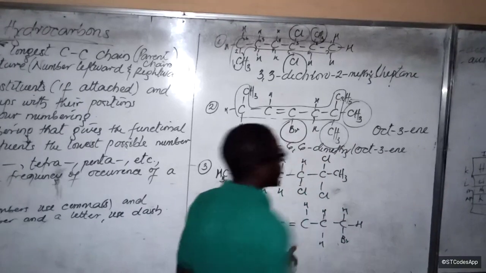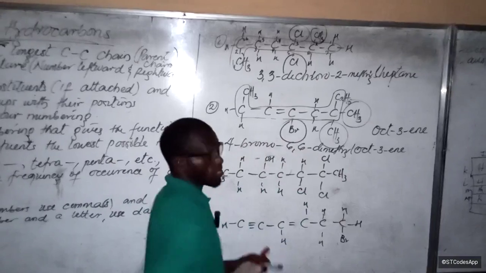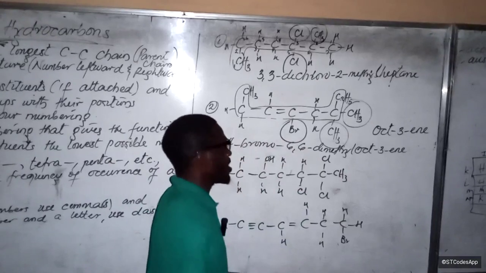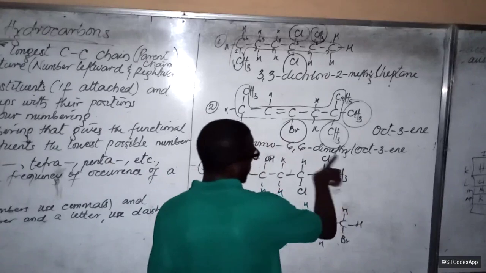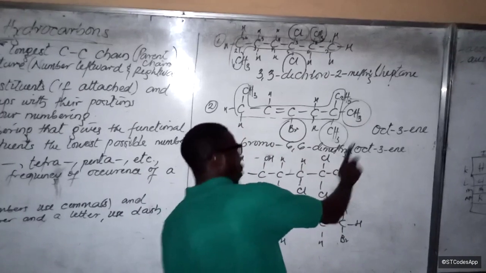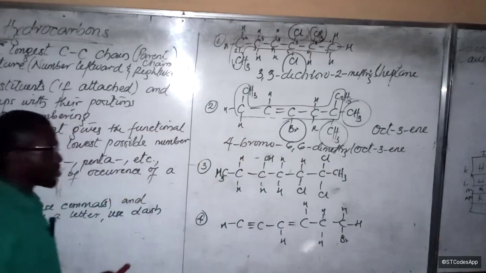Now, in other textbooks, you might see that this number is usually put before the surname, so the parent's name is the same. If you want to do that, you could just say dimethyl-3-octyne. Is that okay? That is another way to go about it.